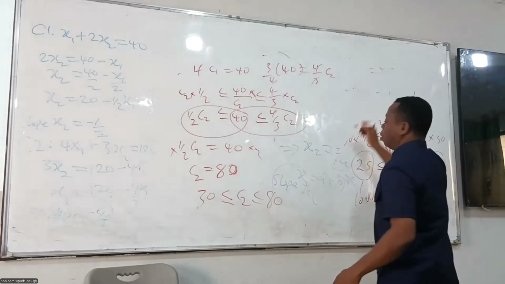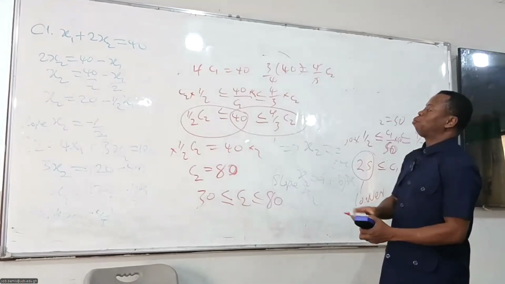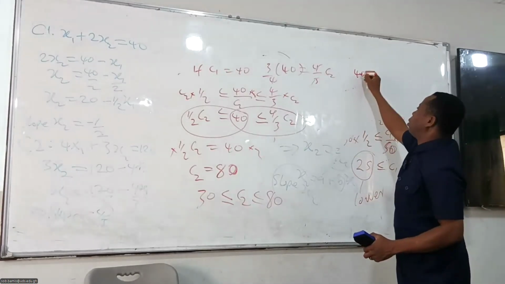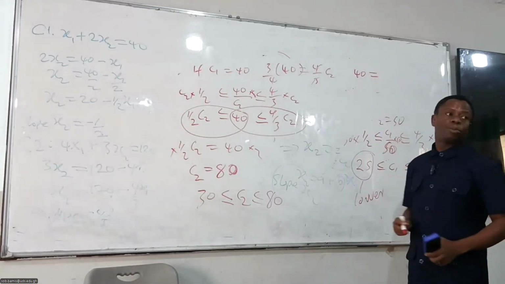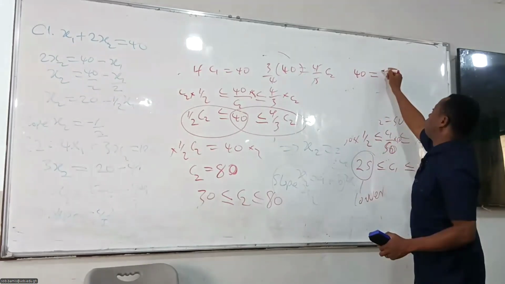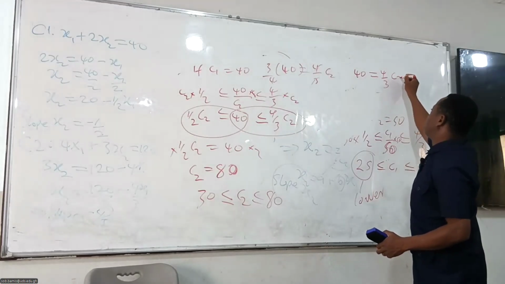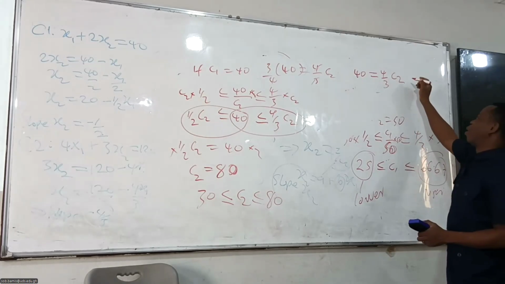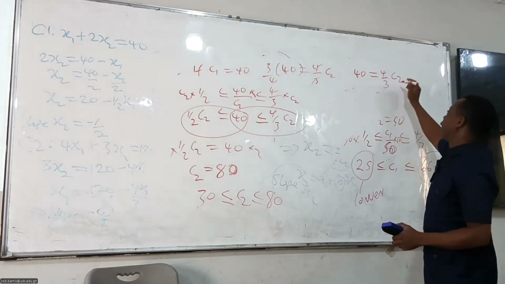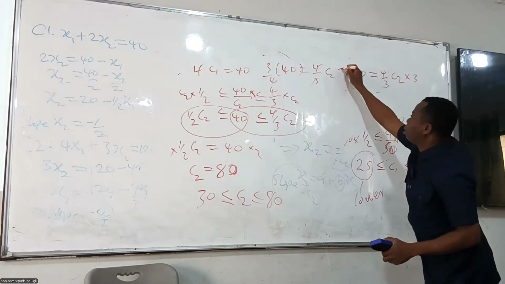So we are saying that we have 40. Now you use the equality sign. It's equal to what? 4 over what? Times what? If you want to be gradual, first what you do is multiply across by 3. So times 3, times 3.